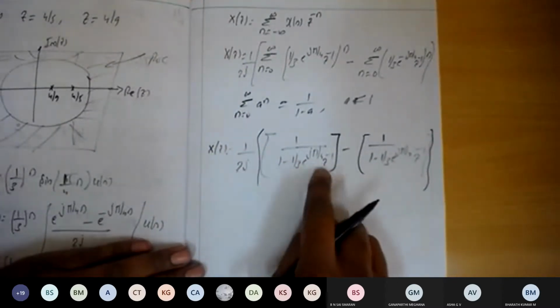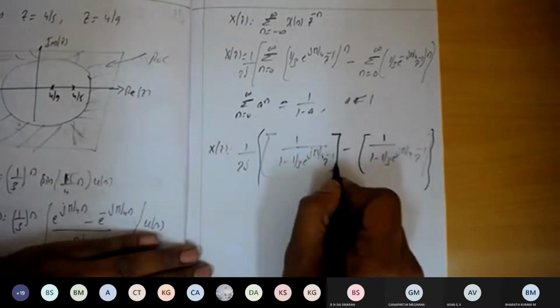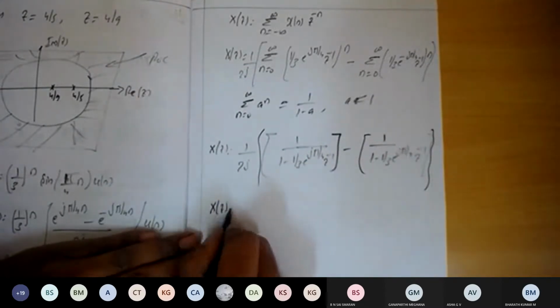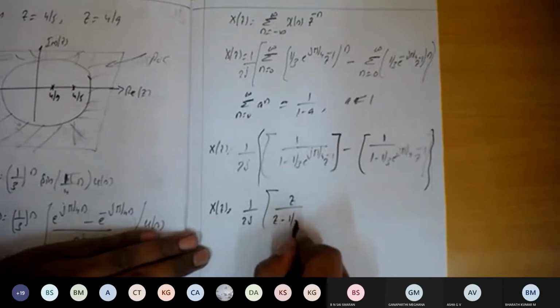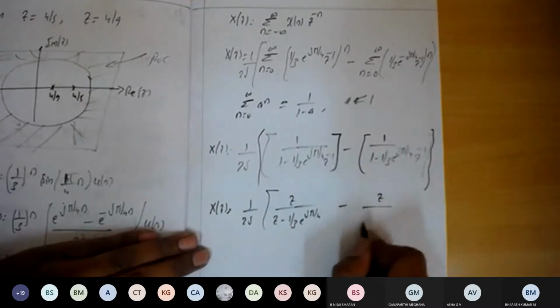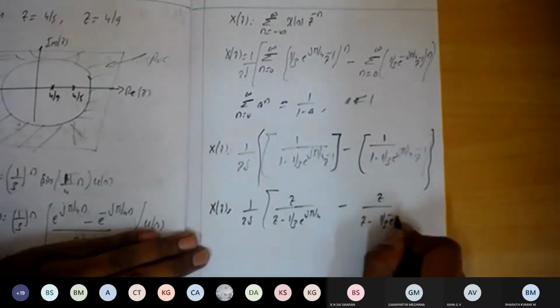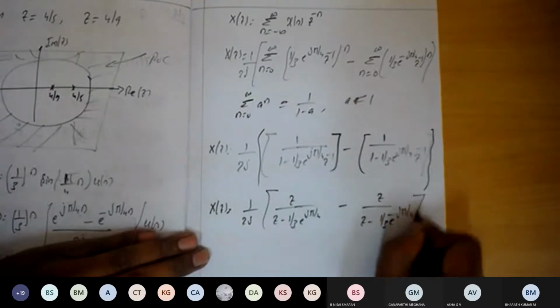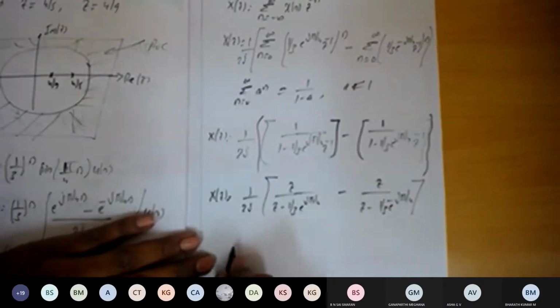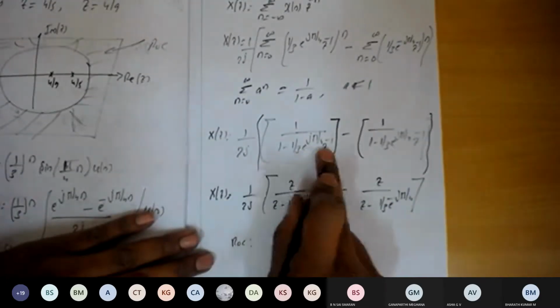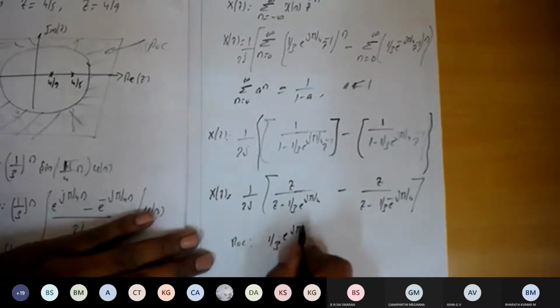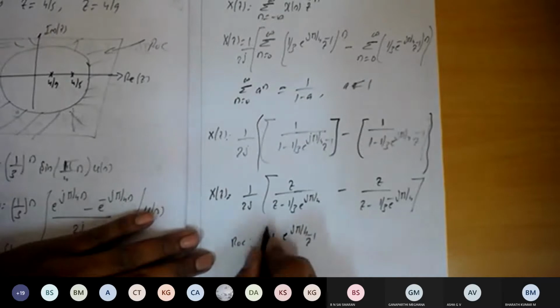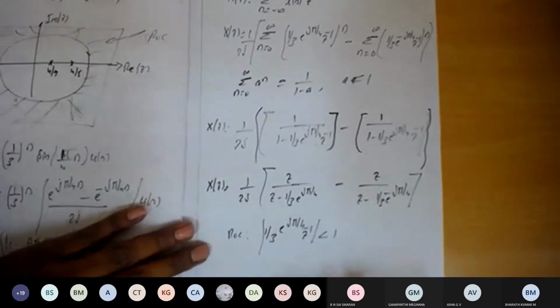Now we'll take the ROC, considering the magnitude. If we simplify, X of z becomes 1 over 2j into z divided by z minus 1 by 3 into e to the power of j pi by 4, minus z divided by z minus 1 by 3 into e to the power of minus j pi by 4. For the ROC, the magnitude of 1 by 3 into e to the power of j pi by 4 into z inverse should be less than 1.